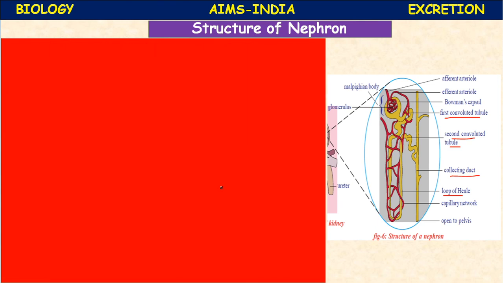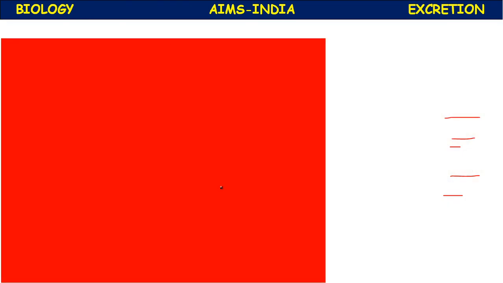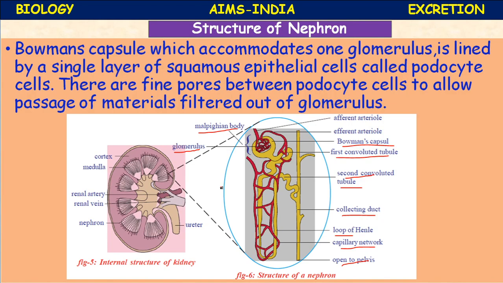Once again, go back to the structure. Here, these are the renal pyramids. All the nephrons open into these pyramids. They are also called renal calyces, because calyx means the petals of a flower, and they are arranged like this.